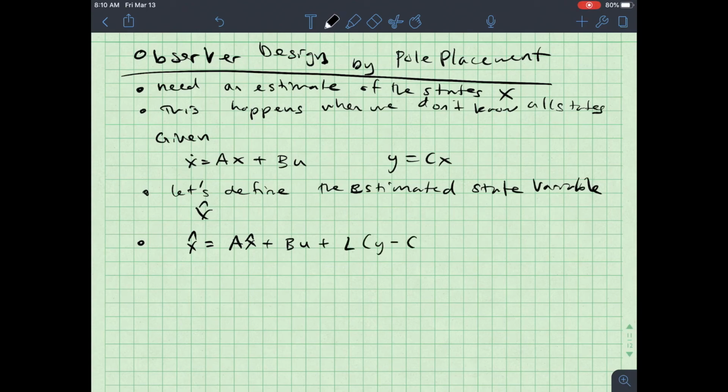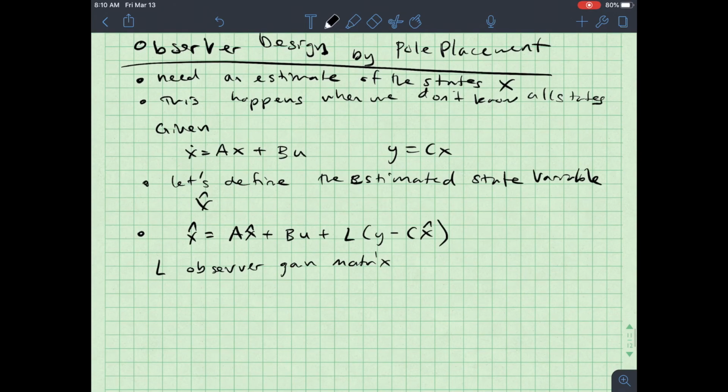L is what I'm going to call the observer gain matrix, and L belongs to the reals N by M, where N is the number of states and M is the number of measurements.